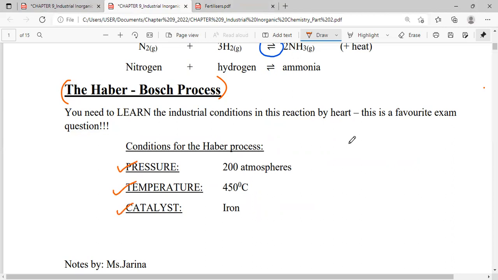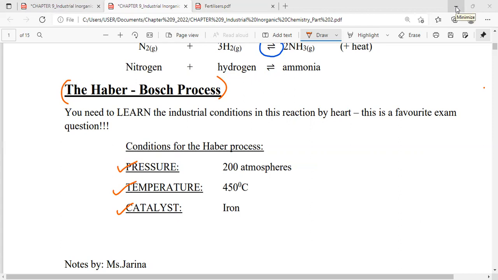Okay, what is the function of the catalyst? It speeds up the rate of the reaction. Yes, a catalyst speeds up the rate of reaction without being changed.